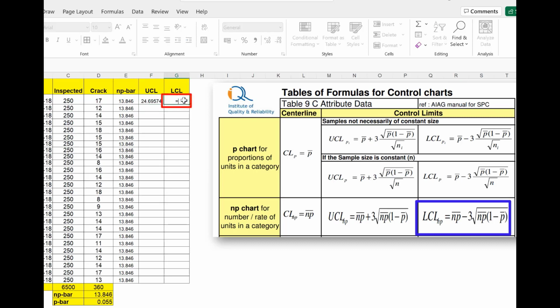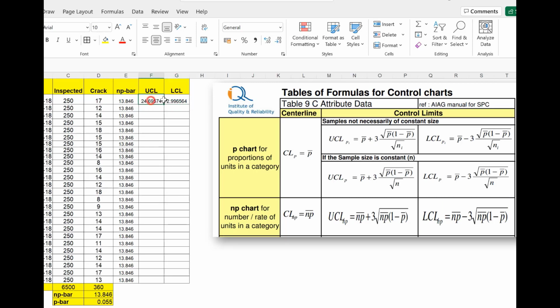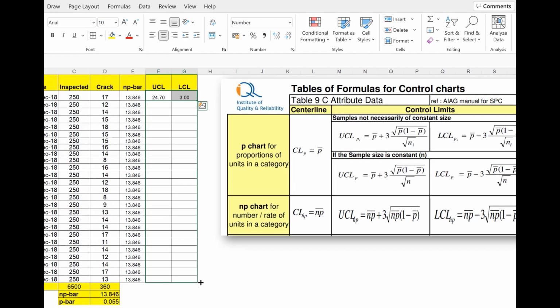And for LCL, I calculate NP bar minus 3 times the same quantity, SQRT of NP bar star (1 minus P bar), again copying with F4 so that it is with dollar signs. The UCL and LCL, which are common to all the points, I can just copy.